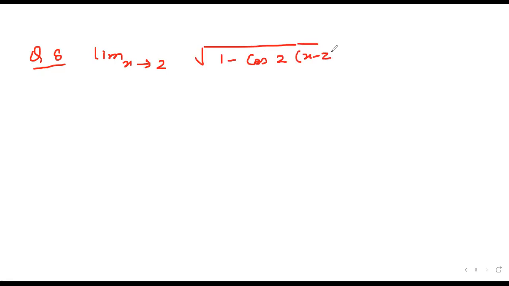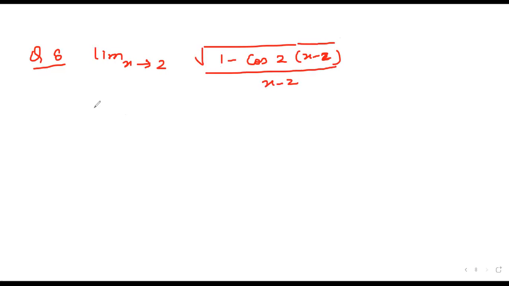Consider question number 8. Question number 8 says limit x tends to 2, root of 1 minus cos 2 times x minus 2 whole divided by x minus 2.